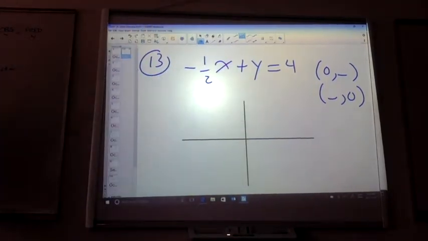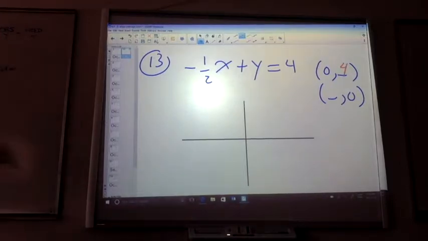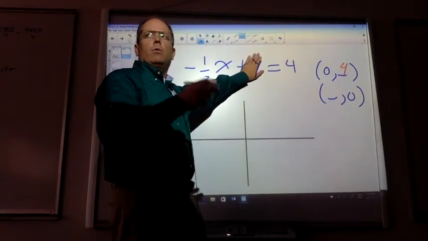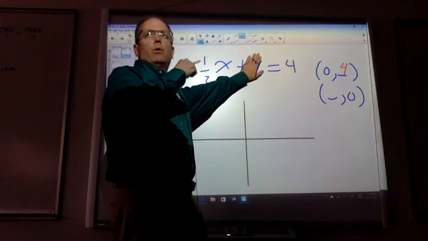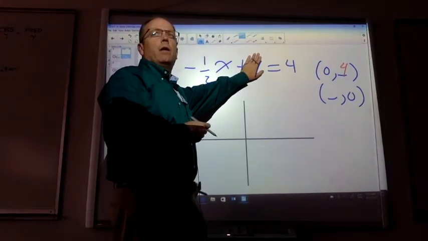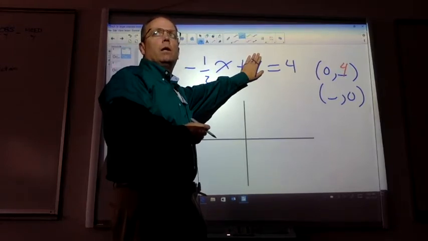That's the simpler of the two to solve. And then if I have the 0 in the y position, I'm going to cover this. So I have negative 1/2 x equals 4. So if I multiply both sides by negative 2 over 1, what does x have to be equal to then? If I multiply 4 times negative 2 over 1, 4 times negative 2.